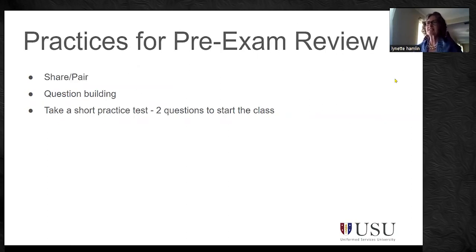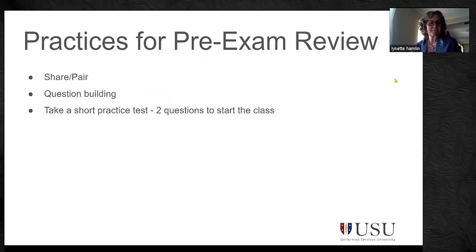Some practices that have been in the literature for conducting exam review that show as a way for students to prepare and also to help them master the content that we've provided is share pair.